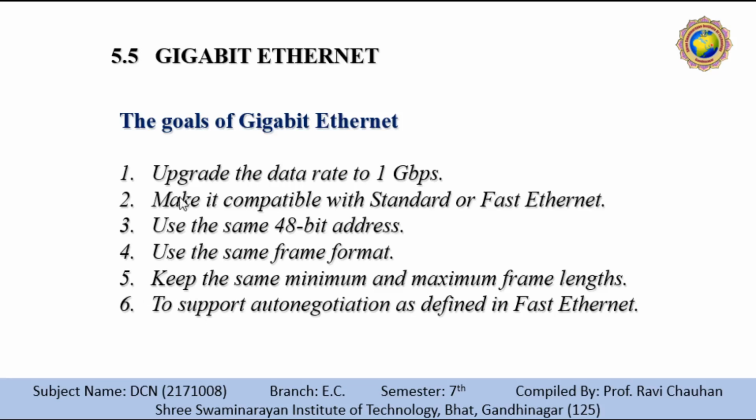It upgrades the data rate to 1 Gbps. It is made compatible with standard and fast Ethernet. It uses the same 48-bit address and the same frame format, it keeps the minimum and maximum frame lengths, and it supports auto negotiation as defined in fast Ethernet.